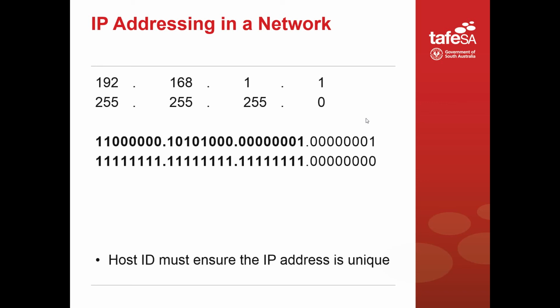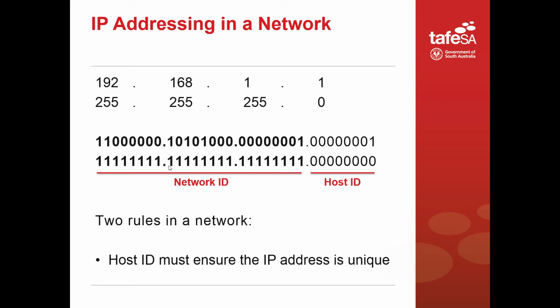It must be that way. You can't have the ones broken up by a 0, because then it wouldn't work as a subnet mask. So the ones denote the network ID, and the zeros tell you what is the host ID.